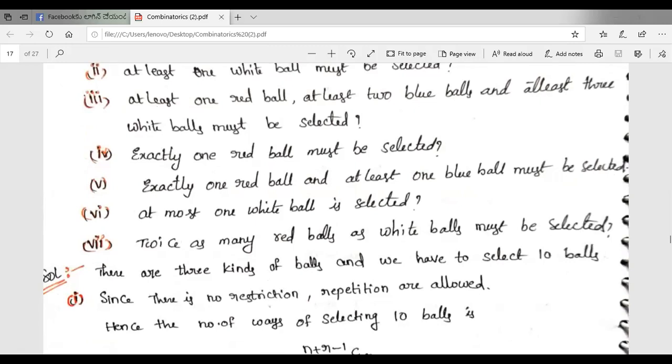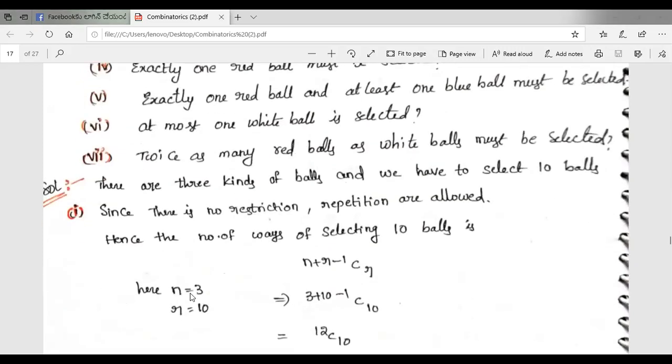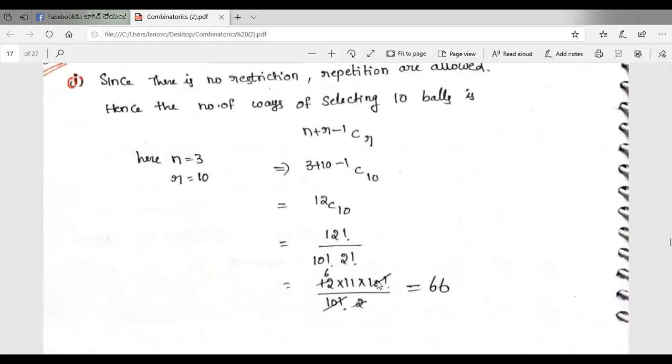So hence the number of ways of selecting 10 balls: here n is equal to the number of objects, 3 different boxes, so n is equal to 3, and r, how many balls we select, is 10. The formula is n plus r minus 1 C r, 3 plus 10 minus 1, 12 C 10. So 66 ways are there to select 10 balls from 3 boxes.